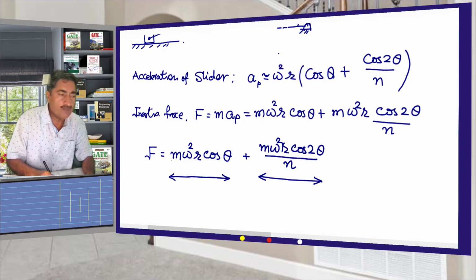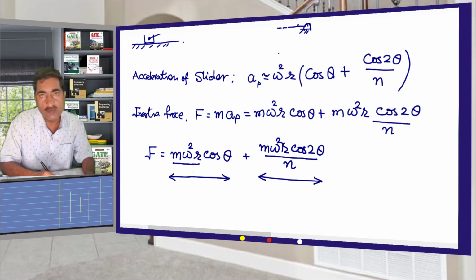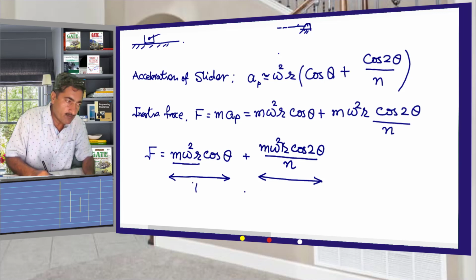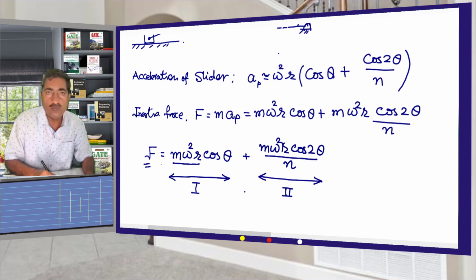The magnitude of the first term is m omega square r, with cos theta varying. In the second term, the magnitude is m omega square r cos 2 theta by n. Now this is part 1 and this is part 2, meaning the inertia force has two parts.